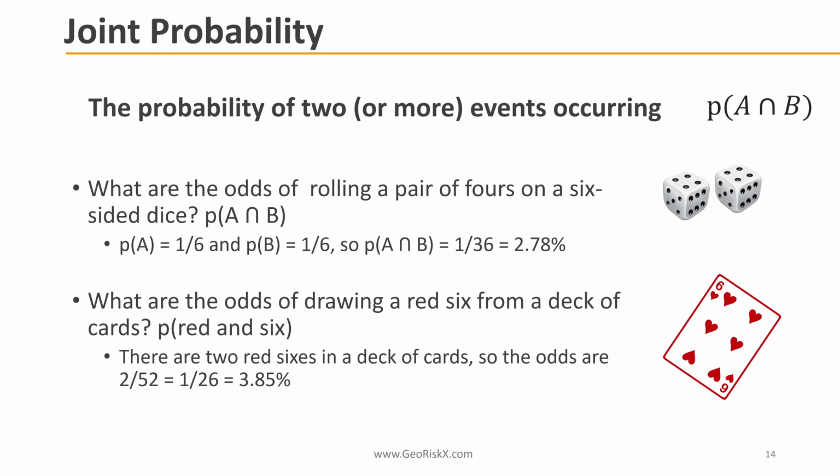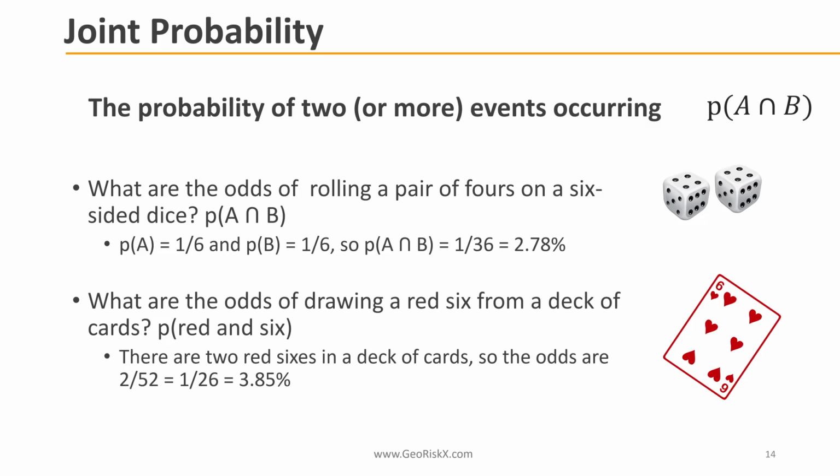And either way, we arrive at the same answer. So, we could say the probability of it being red is 1 out of 2, and the probability of it being a 6 is 1 out of 13. And so those combine to be 1 out of 26, or we could view it as marginal probability. So there is some overlap between the two.